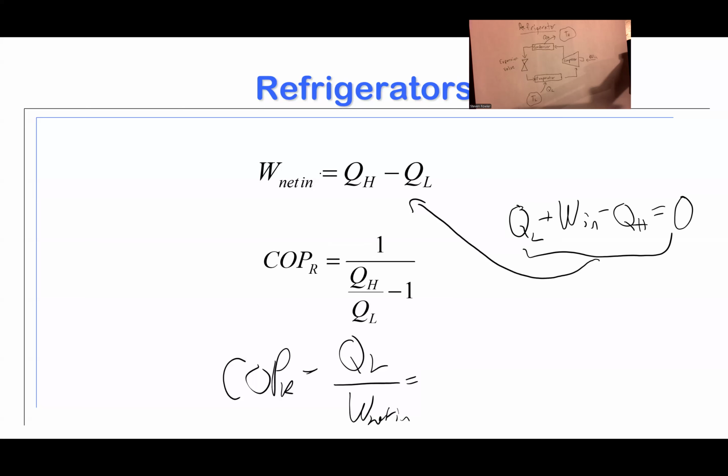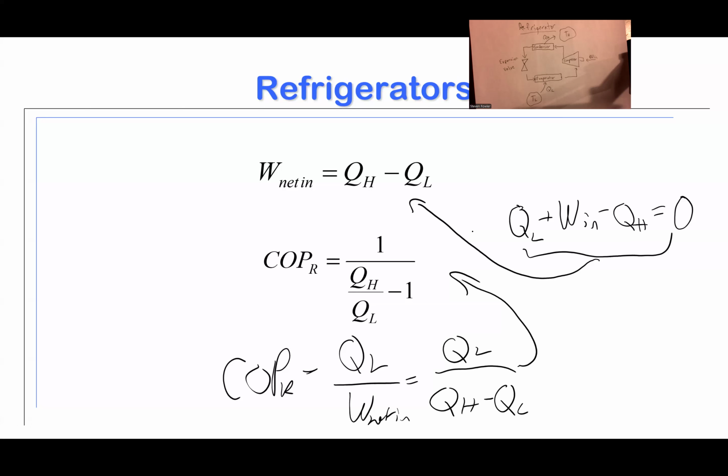And if I substitute this expression up here for that, now that is QL over QH minus QL. And then if I divide all three of these terms by QL, assuming QL is non-zero, then I get 1 over QH over QL minus 1. And that's how this equation then gets derived.